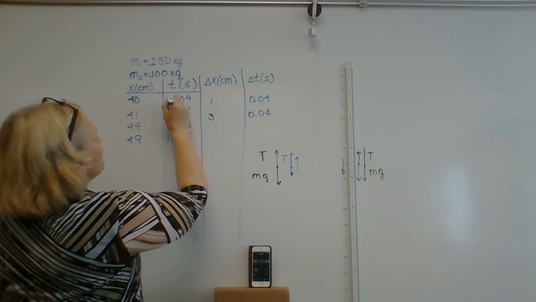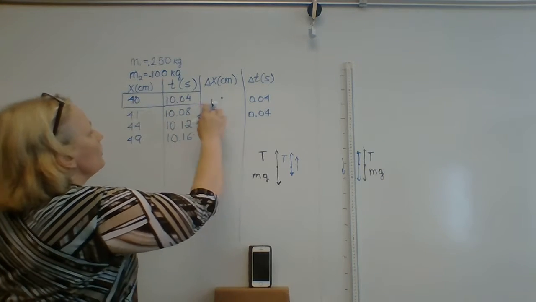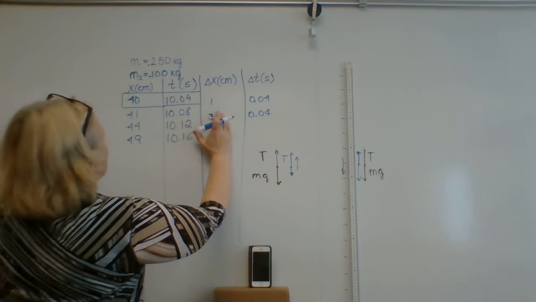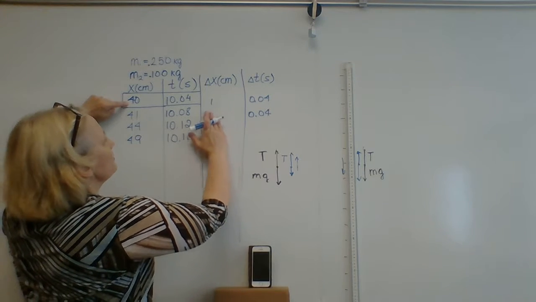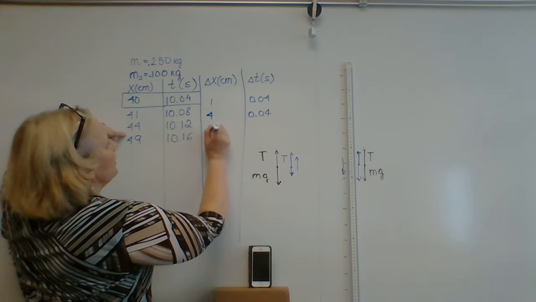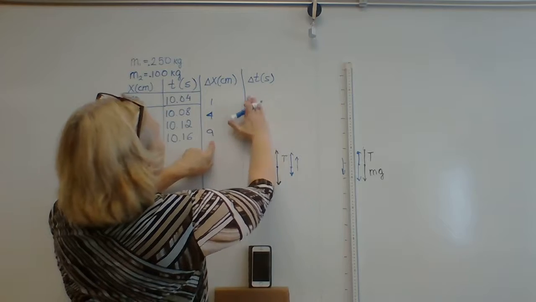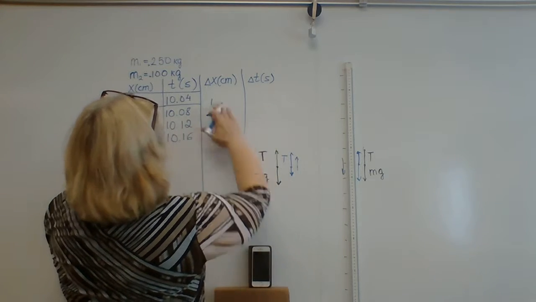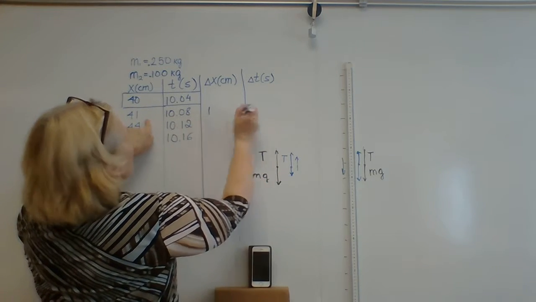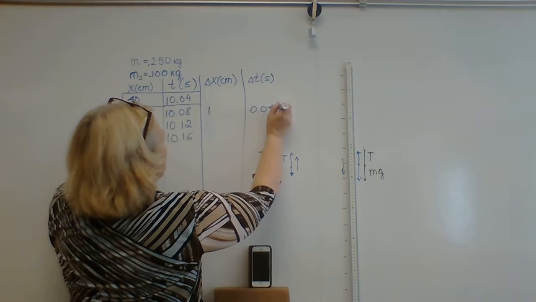that will be your start time, and that will be your start position. So we will measure then distance from the start. That will be 4, right? That will be 9. And in here, the first one was in 0.04 seconds.